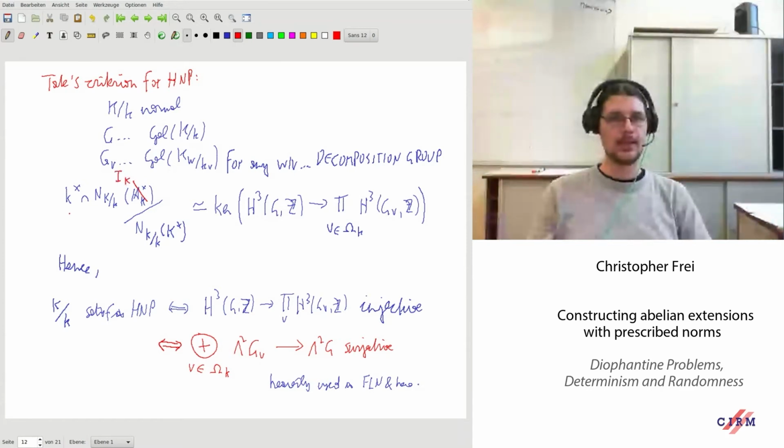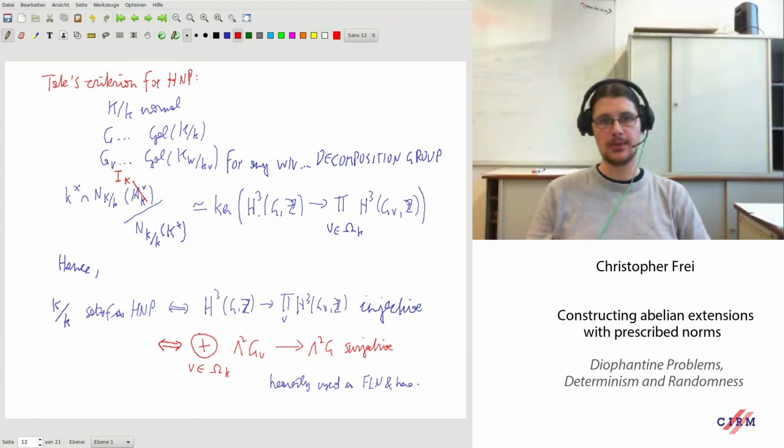So elements of little k that are norms of ideals, and you mod out the global norms. And this object, Tate has shown, is isomorphic to the kernel of a map between cohomology groups.